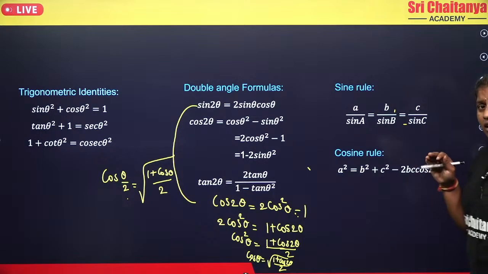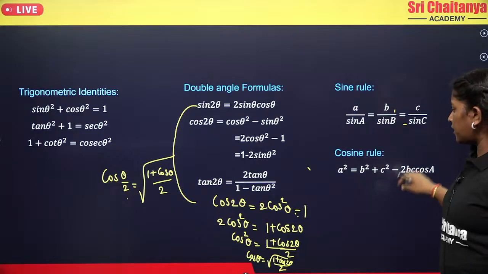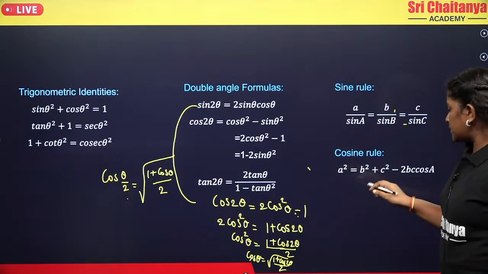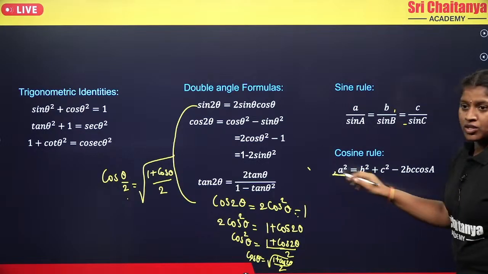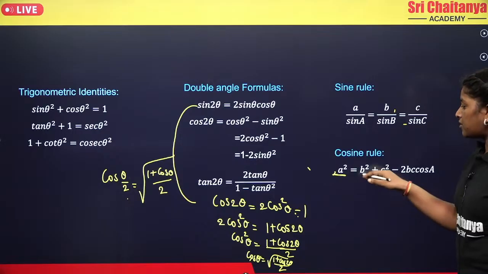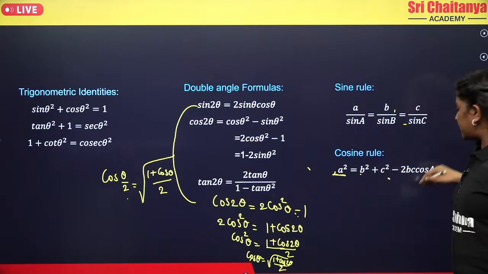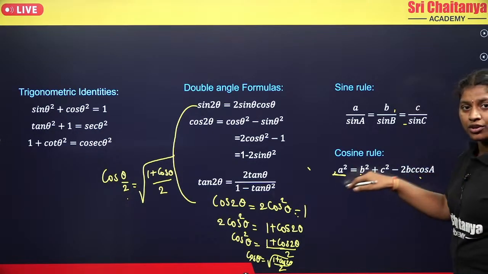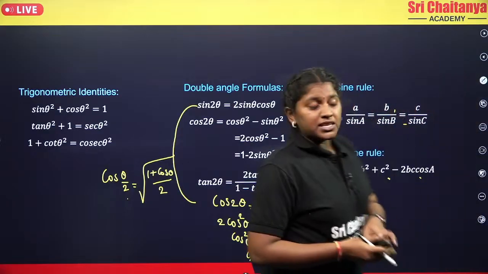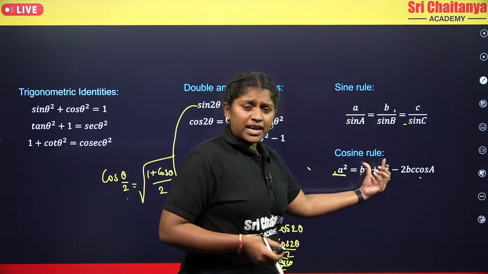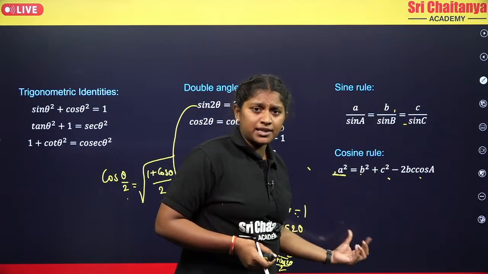If you face any issue remembering the cosine rule, you can see here I have a. Just remove the a from the sides, so b and c remain, and the angle is the one whose side you are taking. We can extend this formula to sides b and c also.